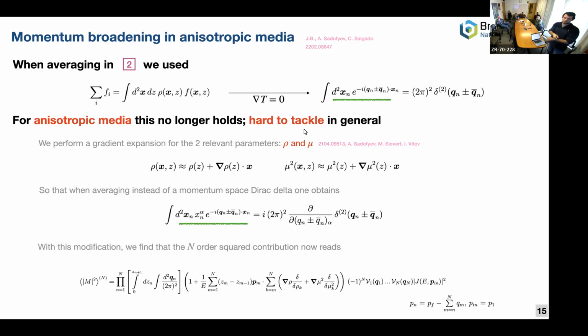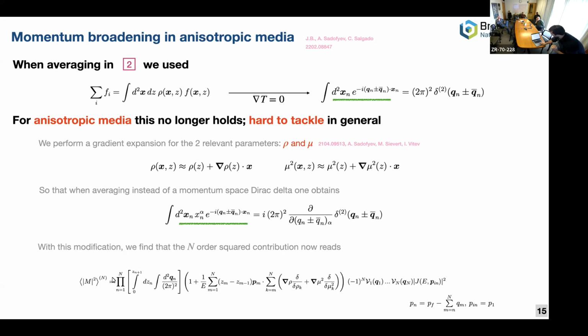Okay, and once you do this, it's a bit more complicated because essentially now every time you have a scattering, it's not really independent from the previous ones. But it's not so bad because what happens is that instead of just getting n independent scatterings with insertion of these potentials, you get this thing in between, which is suppressed by one power of energy, but you can still write it down.